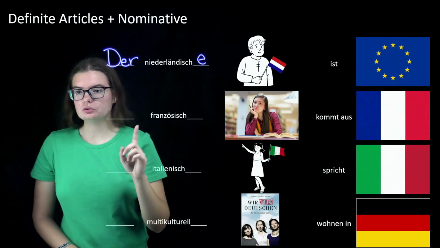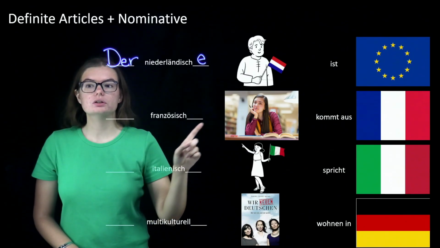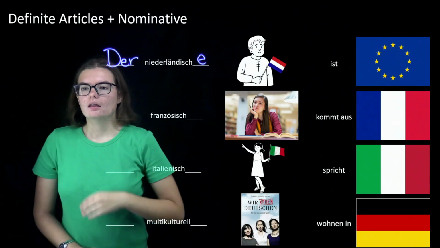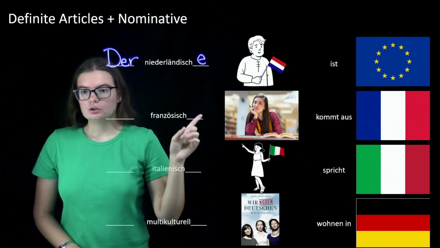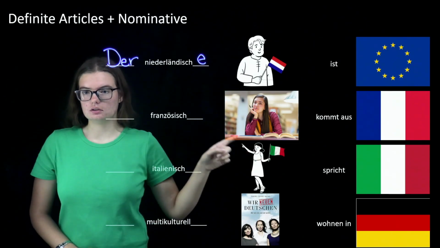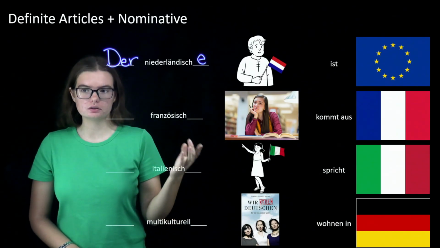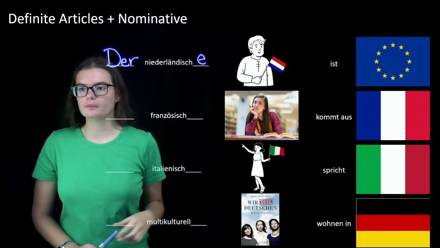Then we come to the French student is from France. So we have Studentin, not student because that's masculine, but Studentin because she's female.